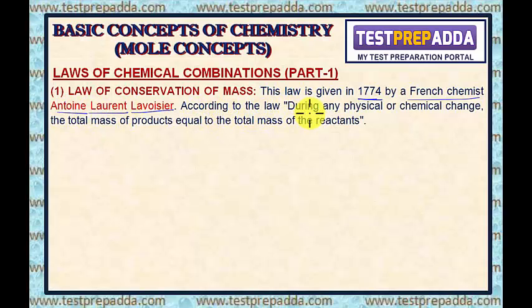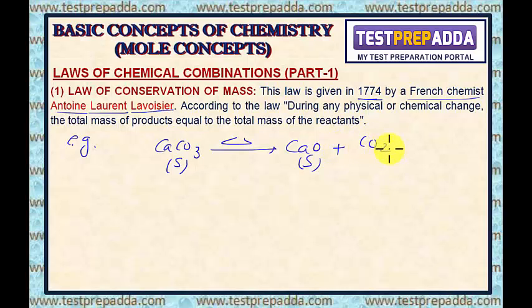According to the law, during any physical or chemical change, the total mass of products is equal to the total mass of the reactants. For example, if I write the dissociation of calcium carbonate CaCO3, when this CaCO3 is heated, we get CaO plus CO2.